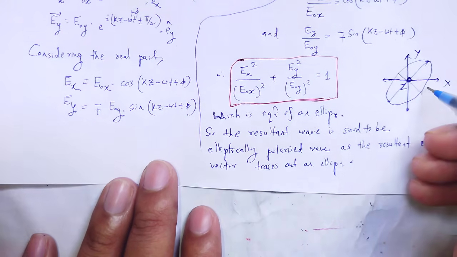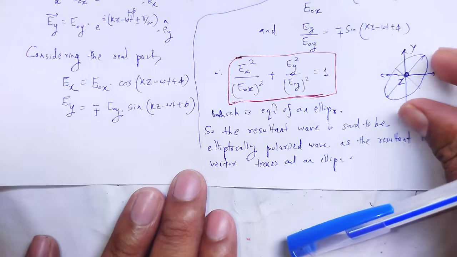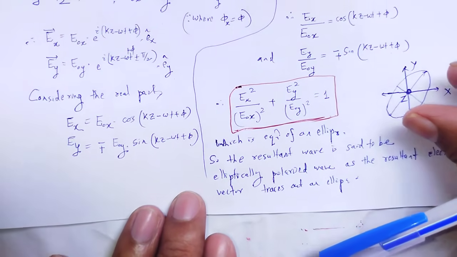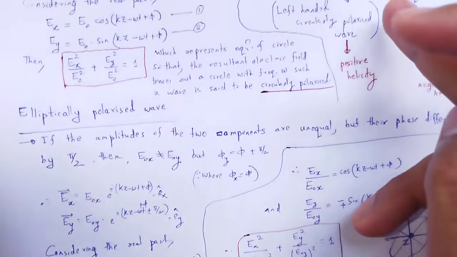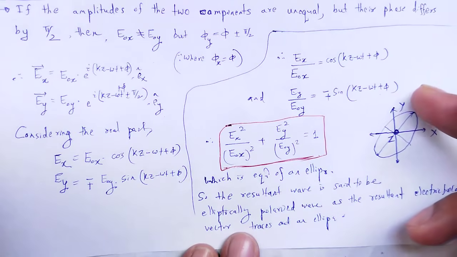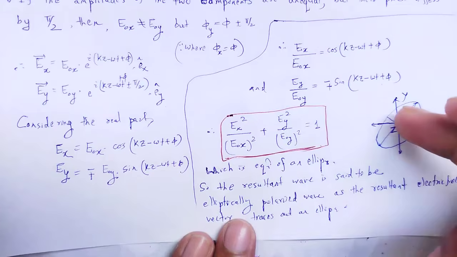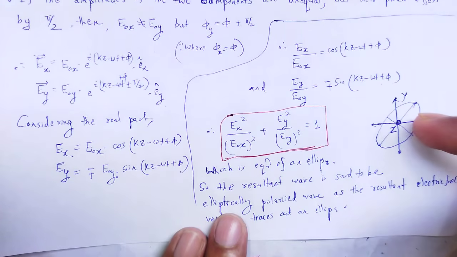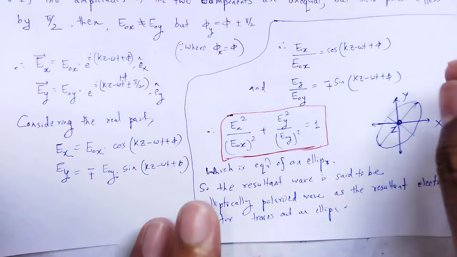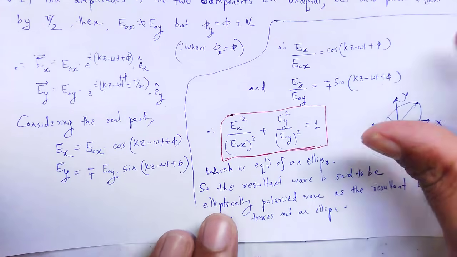That's why we obtain an ellipse, and that type of polarization of electric field vector is called elliptically polarized wave. Like the previous one, if it is anti-clockwise, then it is called left-handed elliptically polarized wave. If it is clockwise, then it is called right-handed elliptically polarized wave.